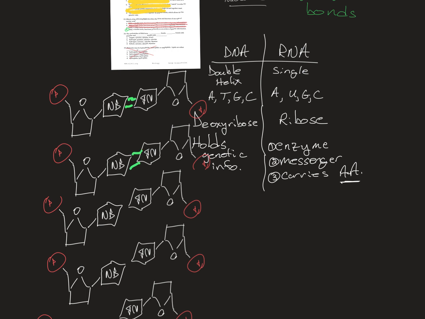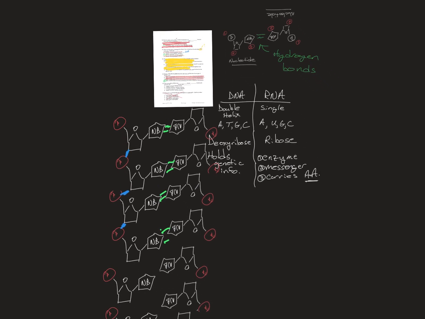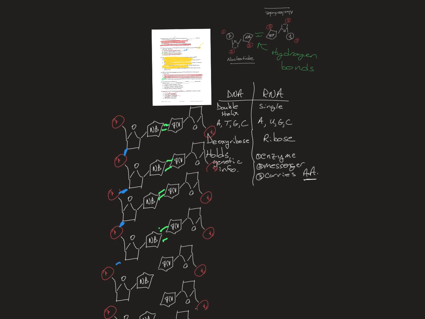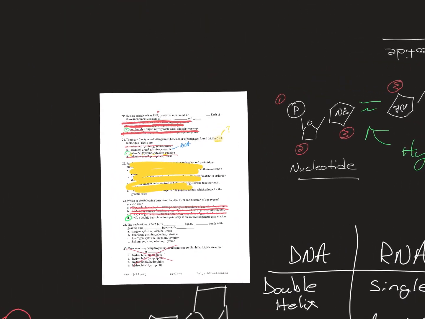I said they're upside down, so they're anti-parallel. These are each nucleotides, and the nucleotides have covalent bonds between the 3' and the 5' ends. But the hydrogen bonds are weak bonds. So I did all that. You can go back and look at the notes.